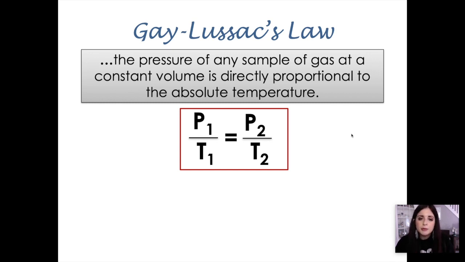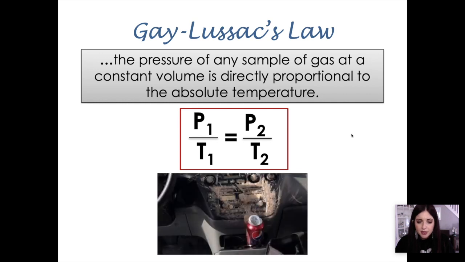Not very many examples to go along with this, but I did think of this one. If you leave a can of soda in the car, it will explode if it's very, very hot out. The reason for that is because the volume of the can is constant, right? The volume of the can isn't changing.